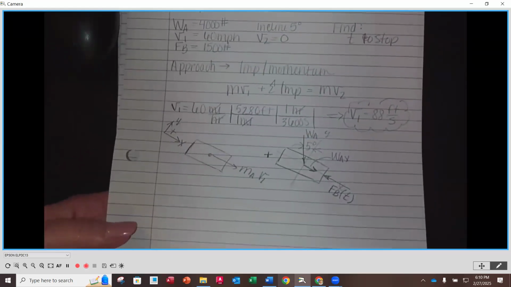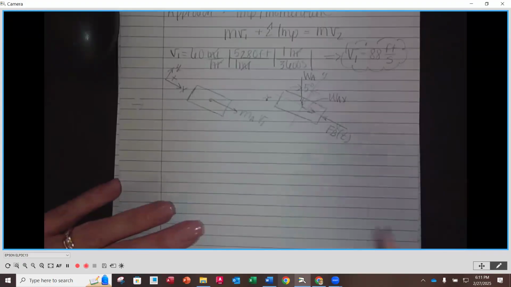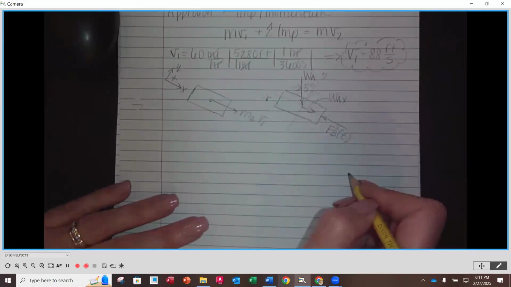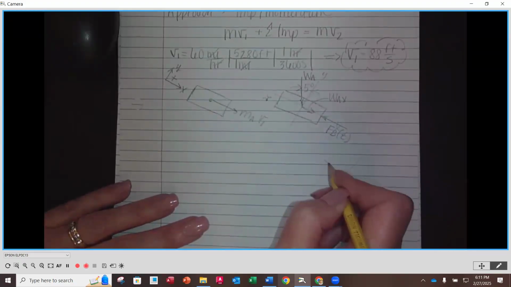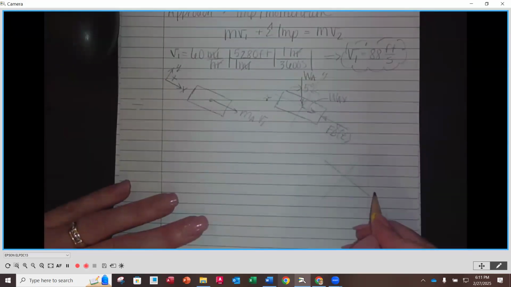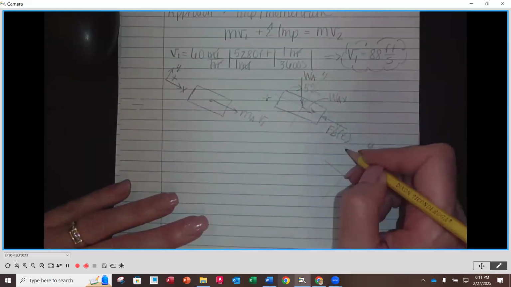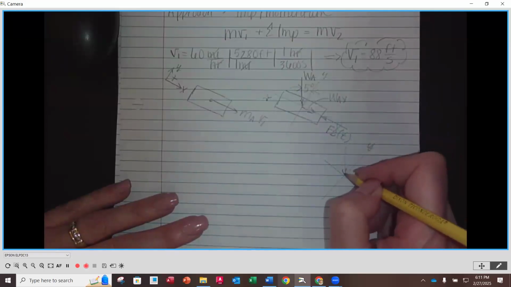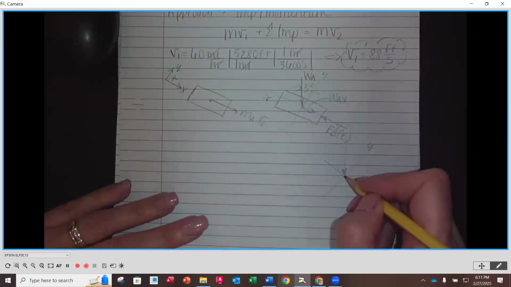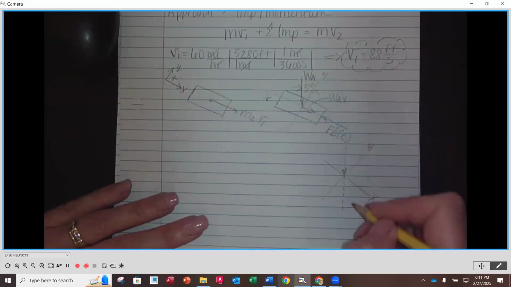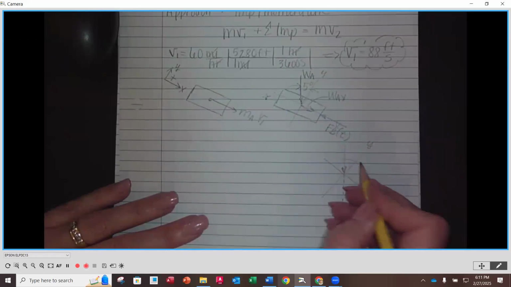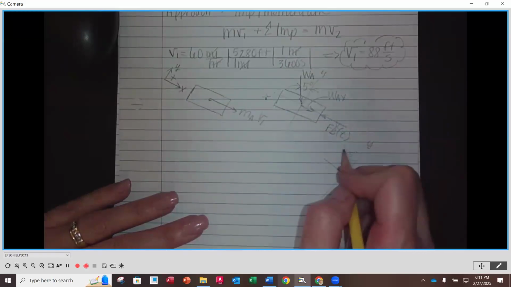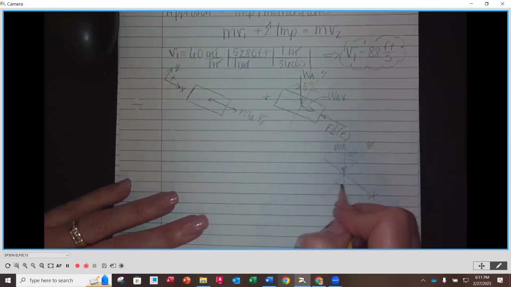Now, I'm going to draw another diagram a little bit larger of just the weight. So if I look at this in terms of that X and Y, here's my X, here's my Y. Here's the application of that force of the weight coming down. If I extend that further down and draw that weight here, if this is 5 degrees, so this is my weight, this is 5 degrees, right?